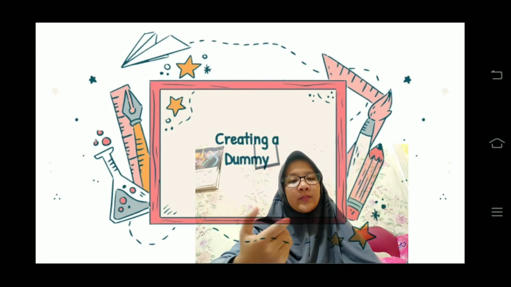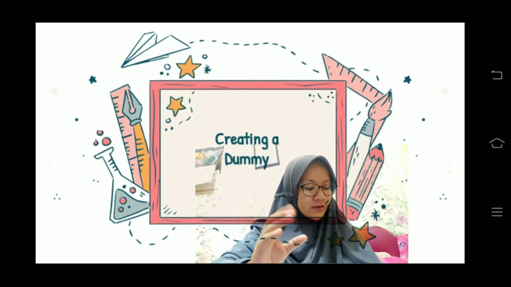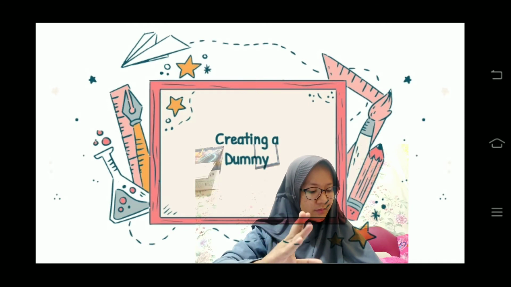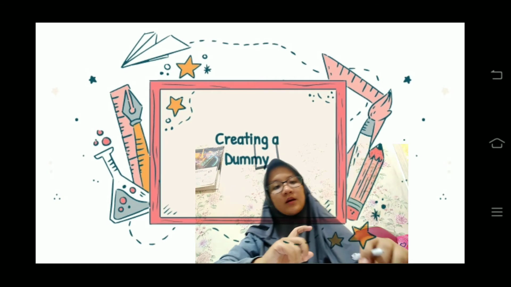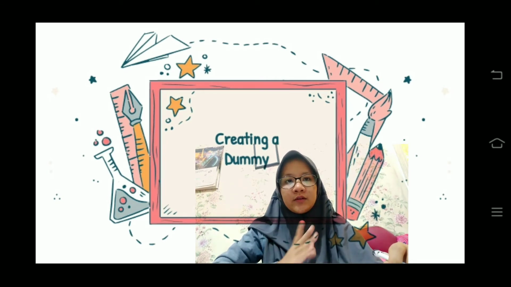Now the computer-generated dummy results when the designer finishes placing text and illustration in the computer file. The idea of making the dummy is to use the grid to place the material. So it is also according to the development of technology.